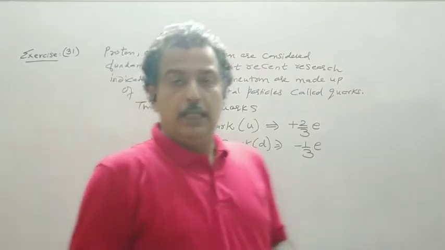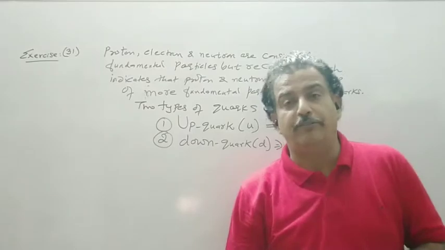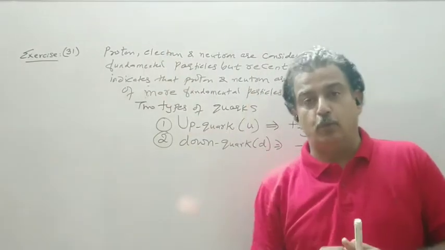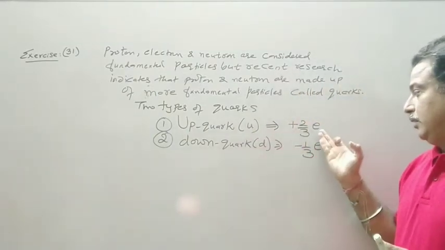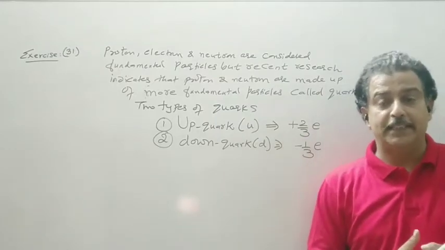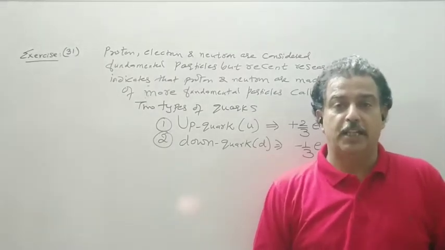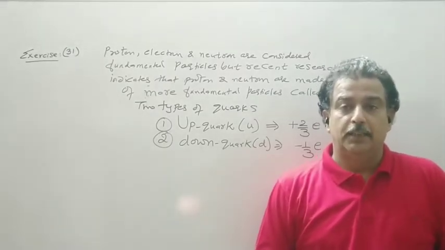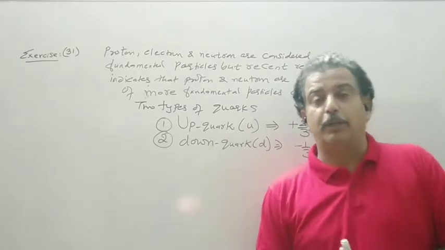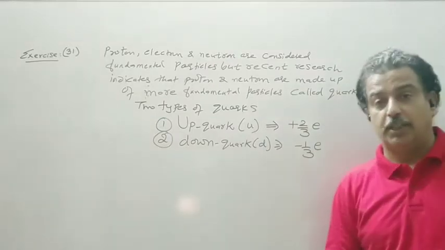Now if a proton or neutron is made up of one quark, say the proton is made up of only one up quark, then 2 by 3e is the charge of the up quark, so the charge of the proton becomes 2 by 3e. This is clearly a violation of the quantization of electric charge, which states that the amount of charge on any body is an integral multiple of the fundamental electric charge. Now we know that e cannot be a fraction.